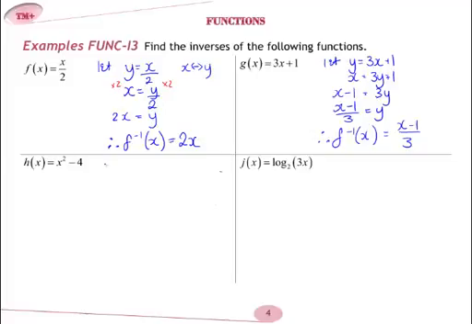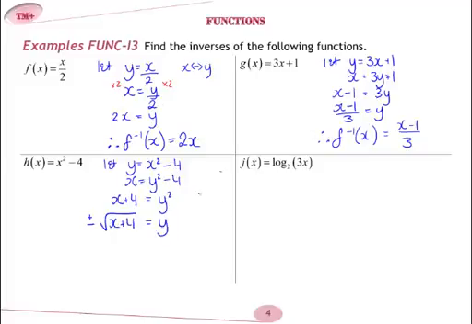Okay, so here let y equal x squared minus 4. So now I swap the values, so I get x equals y squared minus 4. Add 4 to both sides, x plus 4 equals y squared. Now I need to square root both sides. Now this is y squared, so I have to do the plus or minus square root of x plus 4 equals y.